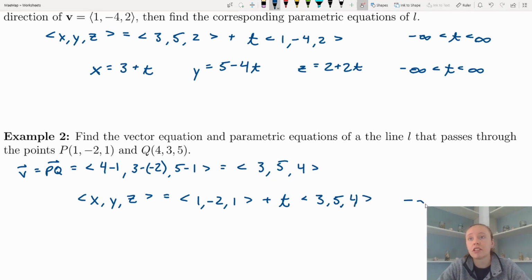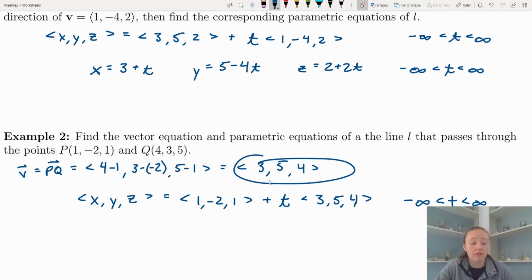And again, that's negative infinity less than t less than infinity. And there we have it. There's our vector equation that passes through both points P and Q. All I needed to do was find the direction of that.